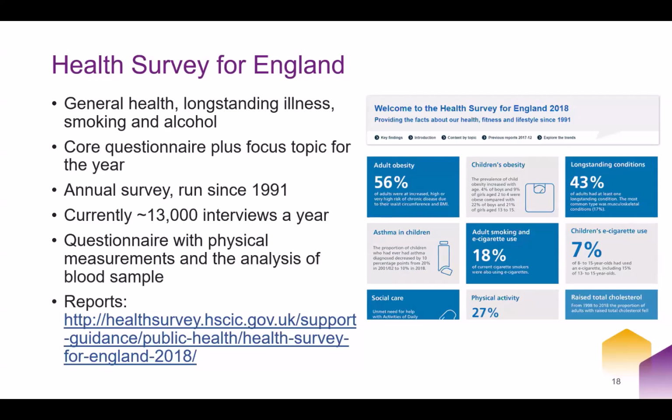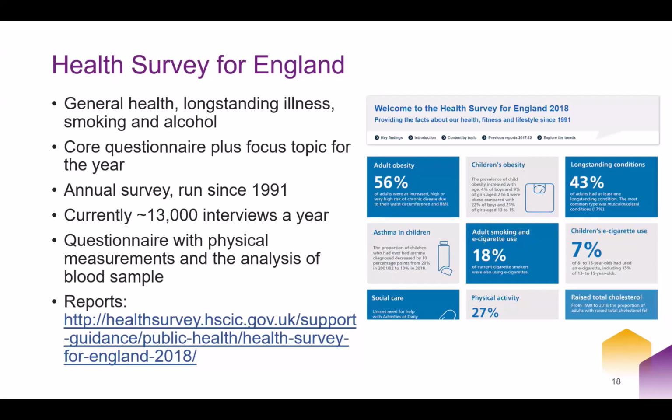One of the distinctive features of the Health Survey for England is that it includes physical measurements and the analysis of blood samples, which enables detailed monitoring of population health.